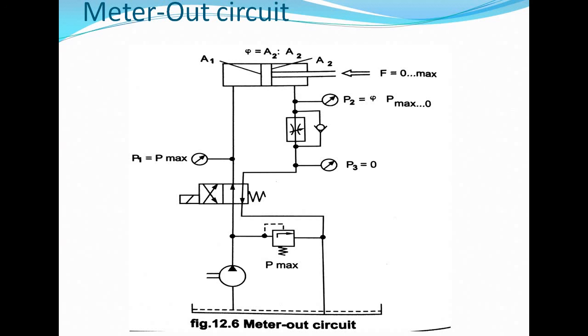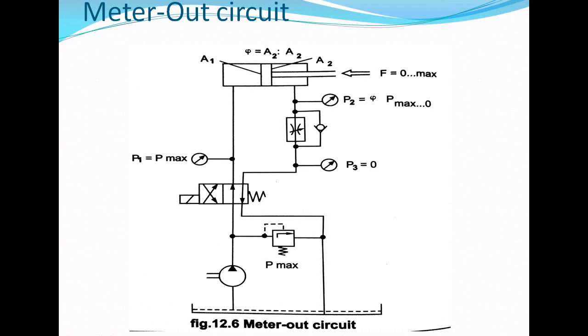Now there is another type of circuit called meter out. That means we are metering or controlling the flow of the oil which is going out of the hydraulic cylinder. Here there is a change in the arrangement, you can see.